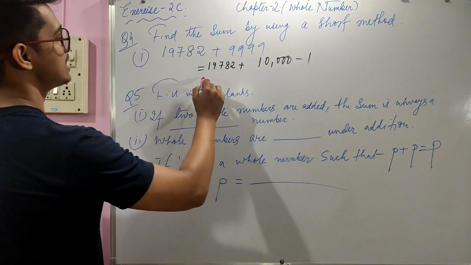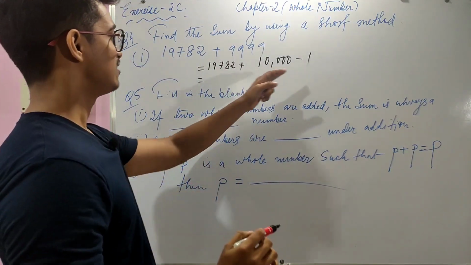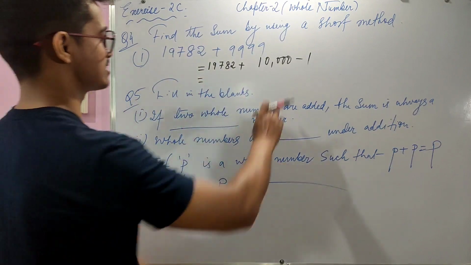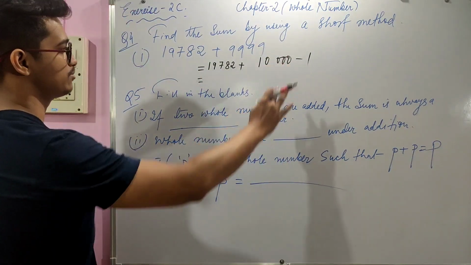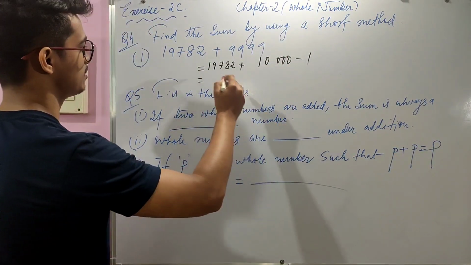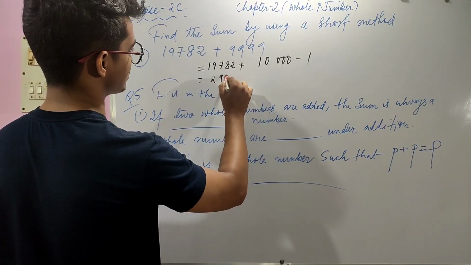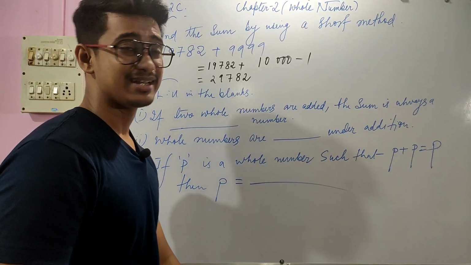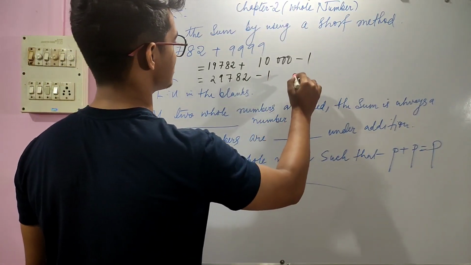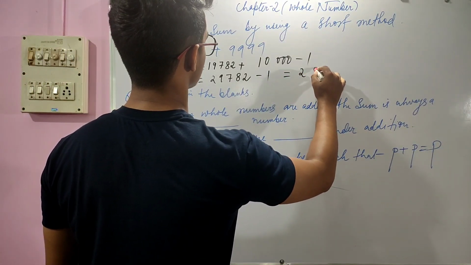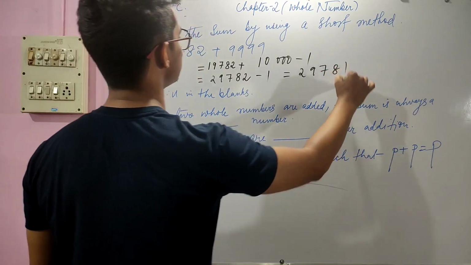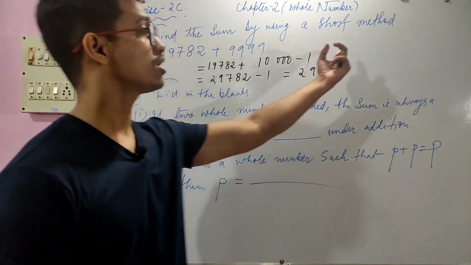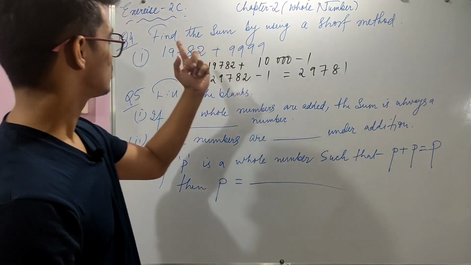So if I simply add these two numbers, what will be the result? The result will be 29,782. 29,782 minus 1 is basically your answer, 29,781. So that is the shortest method to do this particular sum.